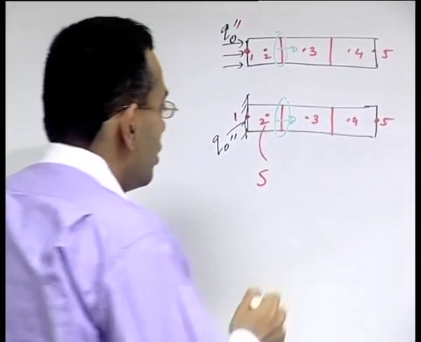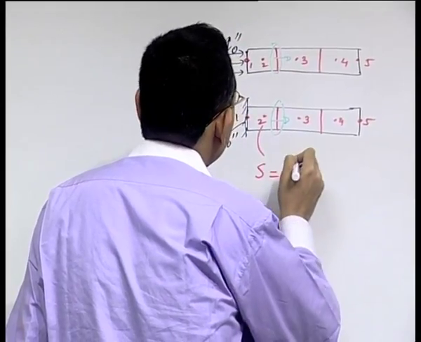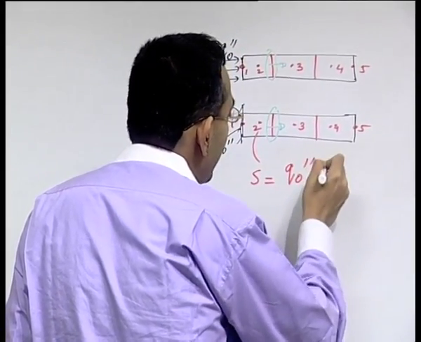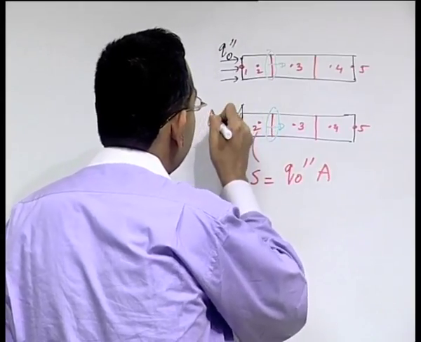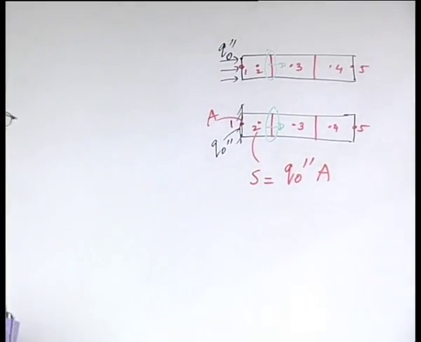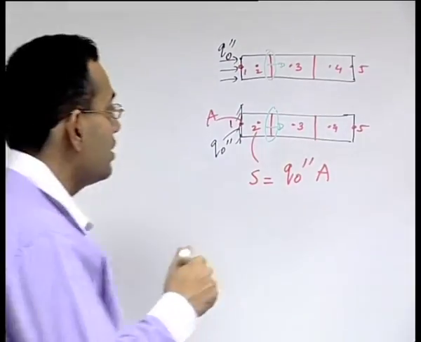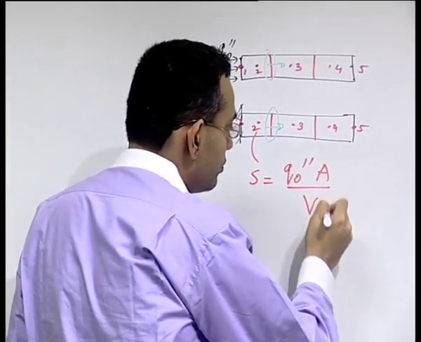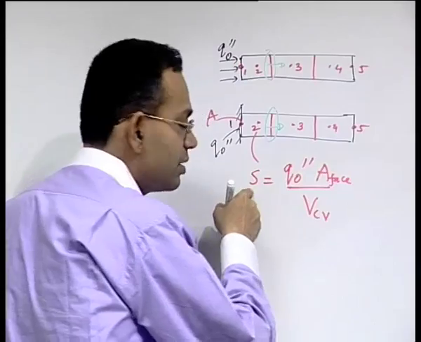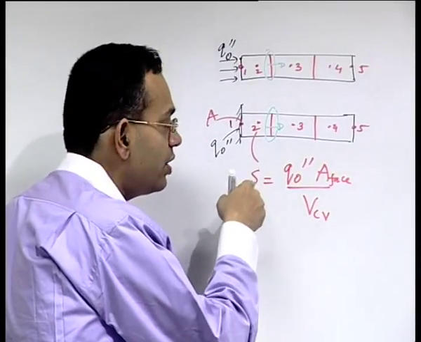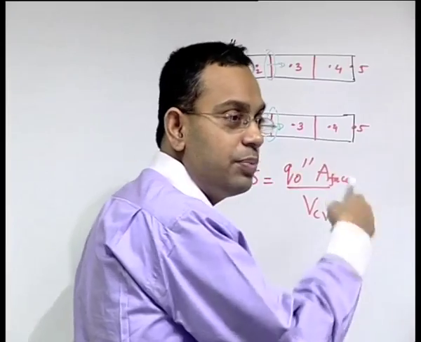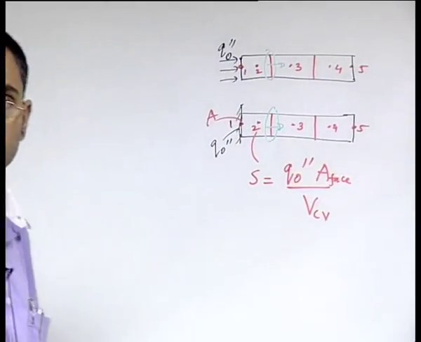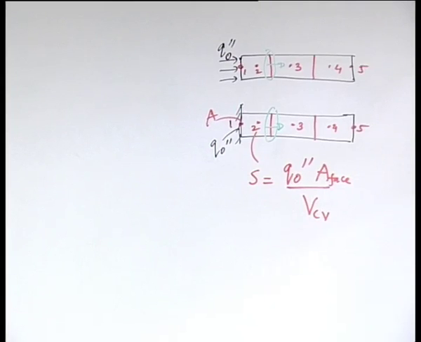So, heat flux times the area of this face is the total rate of heat transfer, and that divided by the volume of the control volume is the volumetric heat generation, because the unit of the source term is rate of heat generation per unit volume.